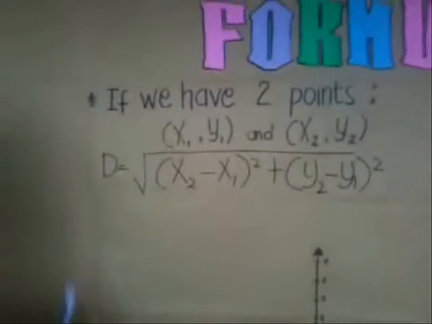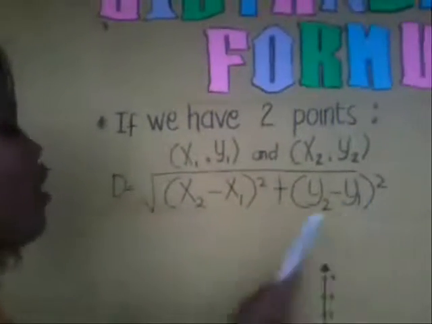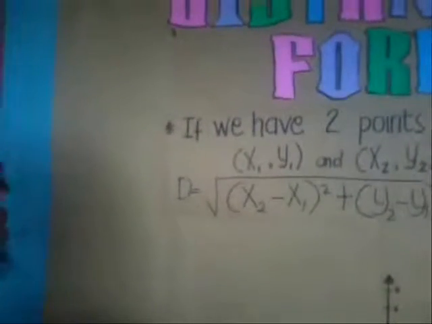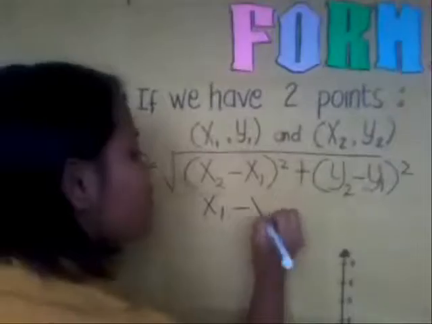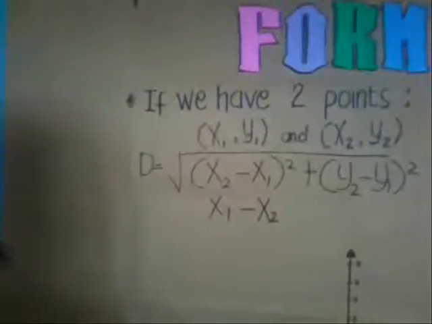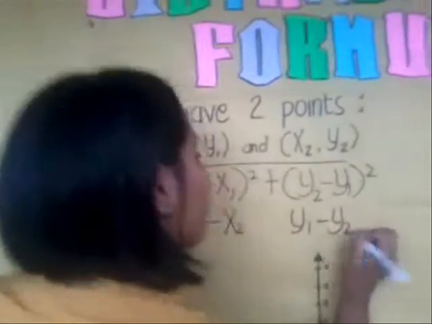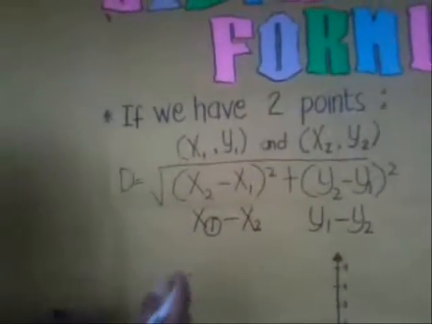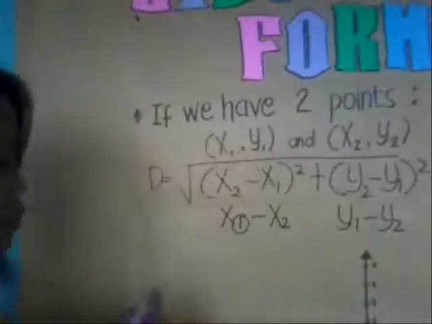But the order here, x sub 2, x sub 1, and y sub 2, y sub 1, is not really important, just be consistent. By that I mean, you can have x sub 1 minus x sub 2 here, but that means you'd need y sub 1 minus y sub 2 here. Whatever numbers you lead with up here need to be the numbers that lead in the difference of the y, or vice versa.